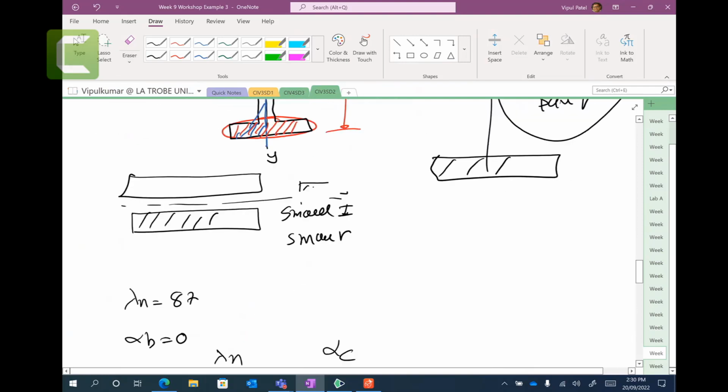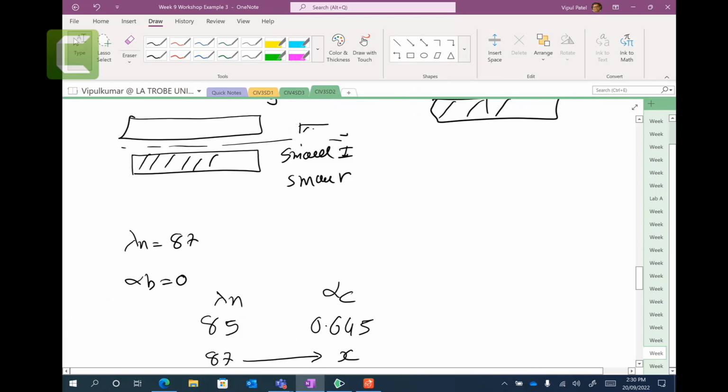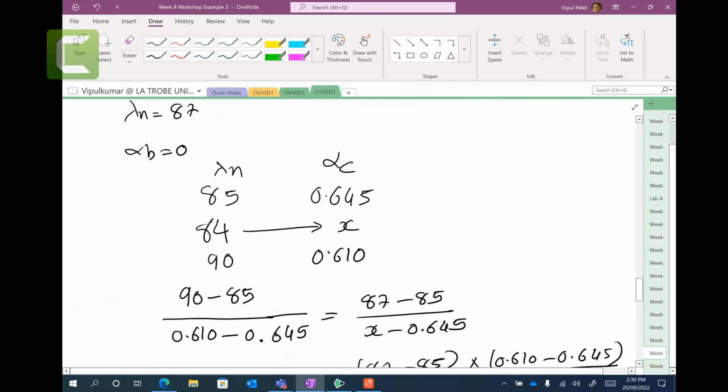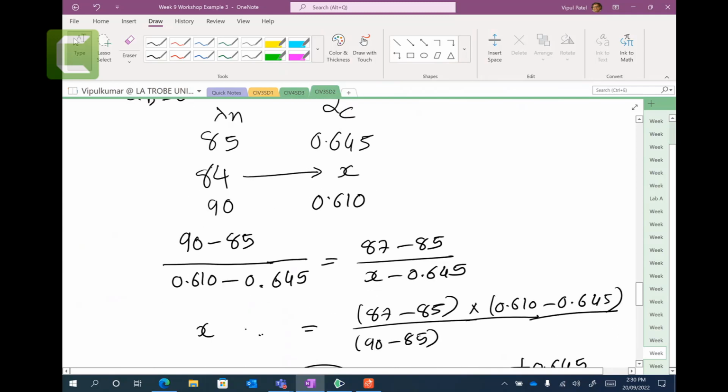So for that 84 we can do the interpolation here. These numbers will stay the same. Change it to 84 here. Oh, we can't use this because you have 85.